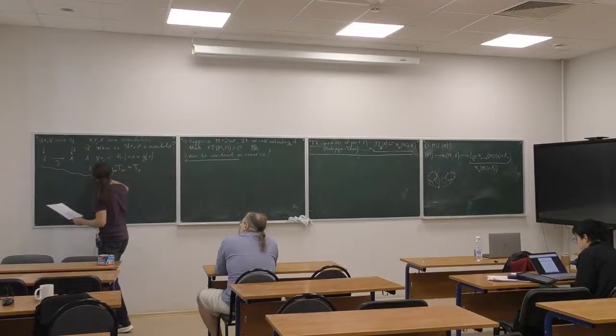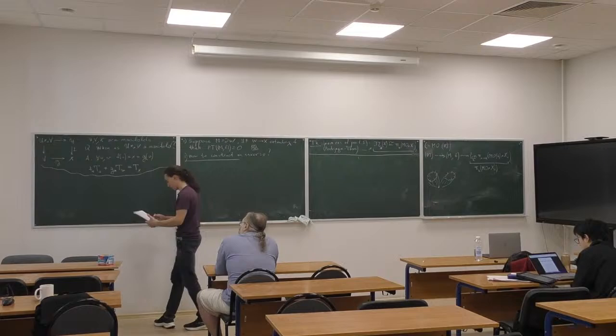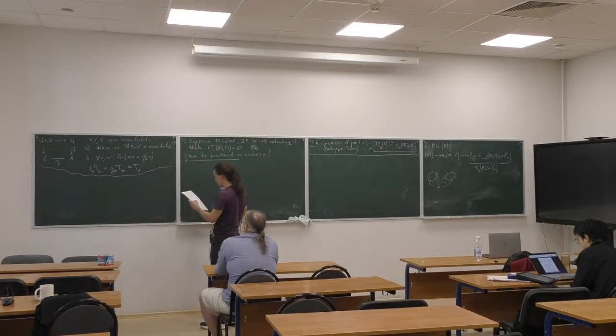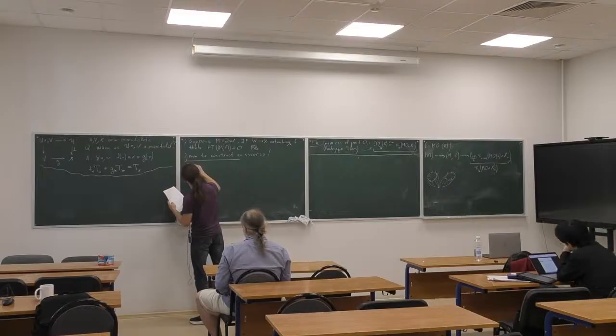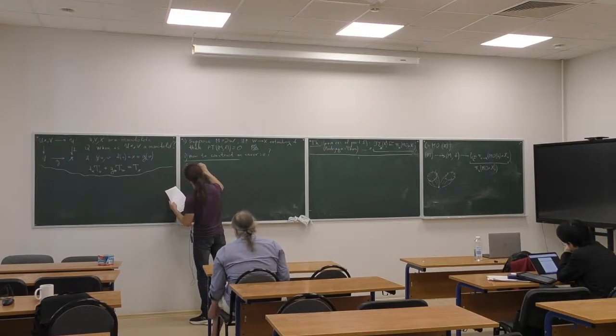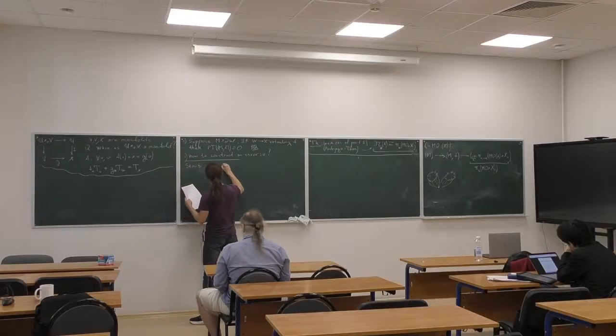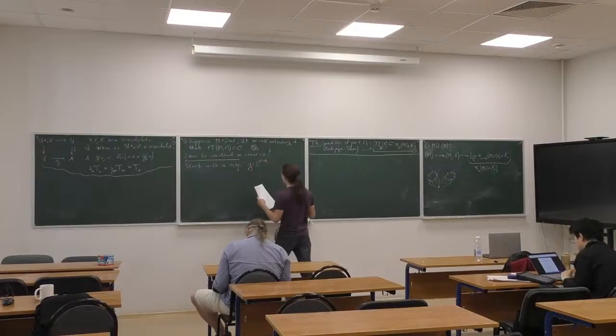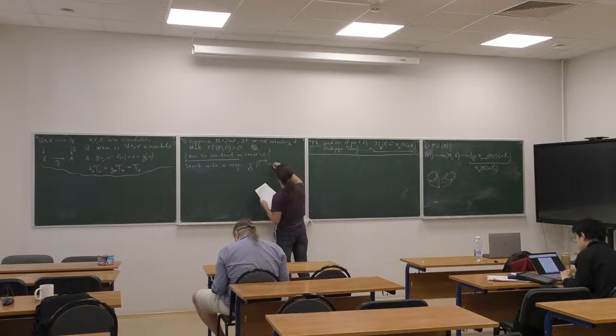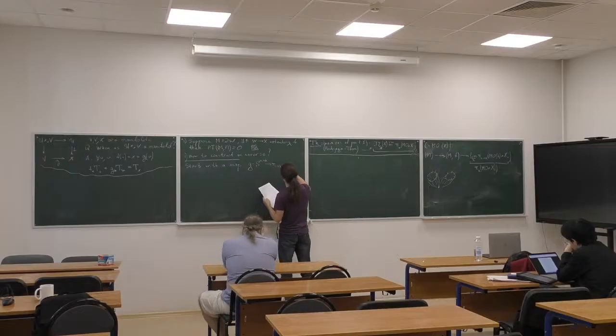So how do we do that? Let's note that, start with a map G from S^{n+k} to P_{n+k} MO.